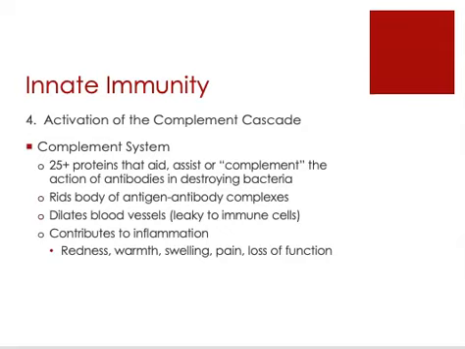What happens with the complement cascade is that as individual proteins in this system become activated, they go on and activate the next protein in the system, which then activates the next protein, and so on and so on. And that's why it's referred to as a cascade.